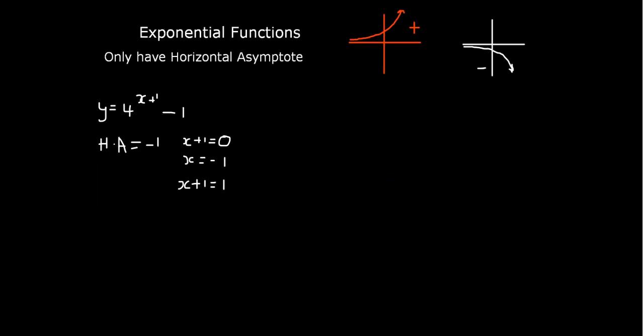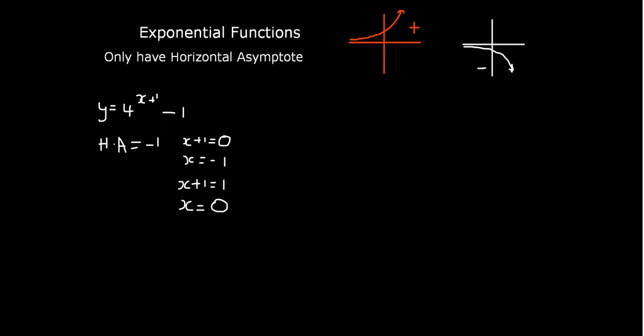Here it's not just x equals 0, it's x plus 1 equals 0, which will give us negative 1. And here it's x plus 1 equals 1, which will give us x equals 0. Why? Because when you take this 1 to this side, it becomes negative, and 1 minus 1 is equal to 0.